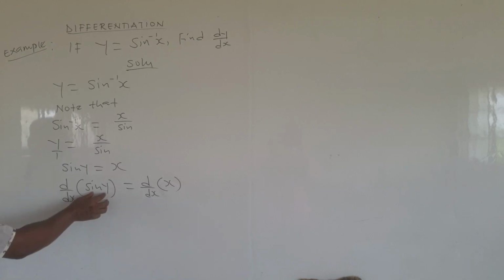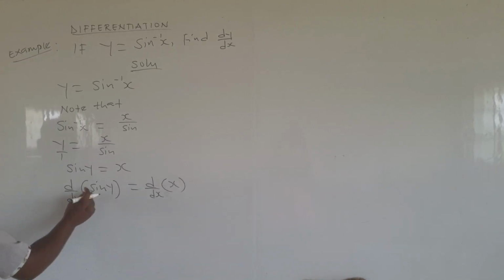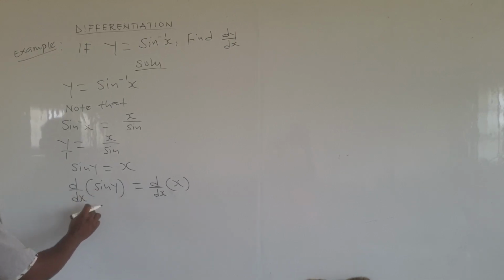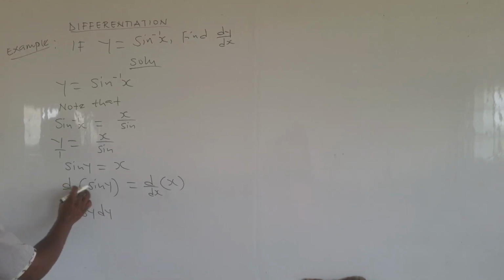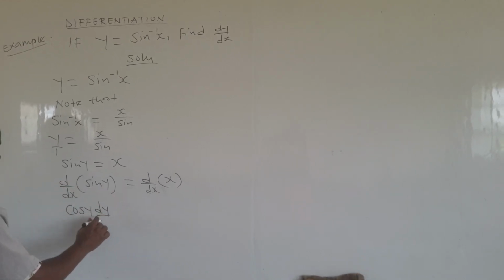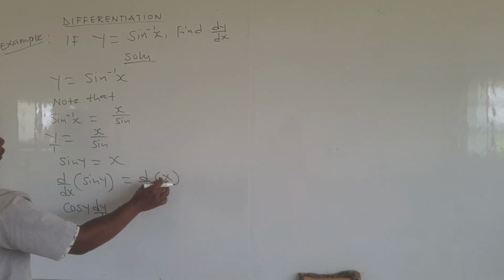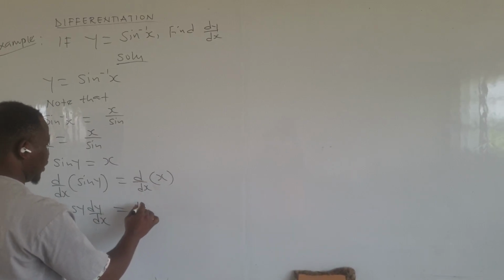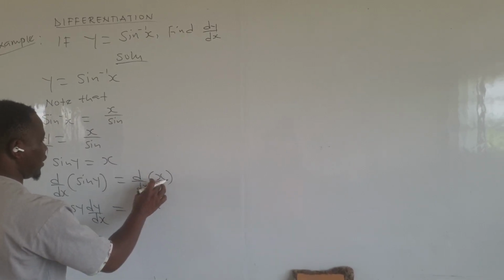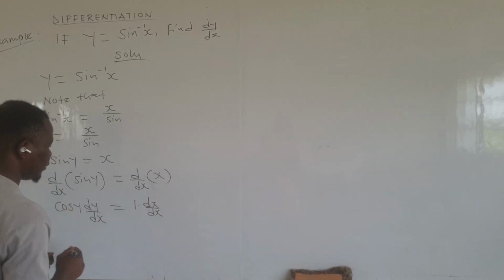If we differentiate sine y, we are going to have cos y dy over dx, because we differentiated for y. Then this is equal to differentiating what is inside here, which gives us 1 times dx over dx, since we differentiated for x.